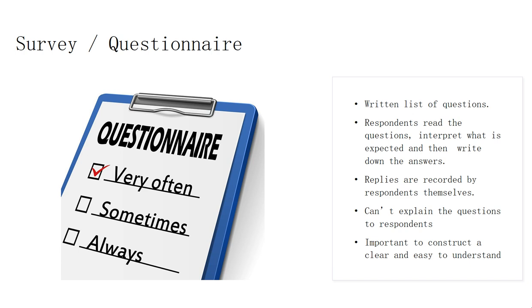Whatever their understanding of the questions and the topic is, it is entirely up to them. If it is misunderstood, then it is misunderstood, because you won't be there to explain the question to the respondent. Therefore, it is very important for you to construct clear and easy to understand questions.